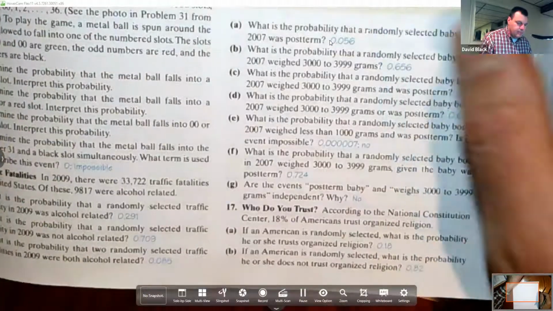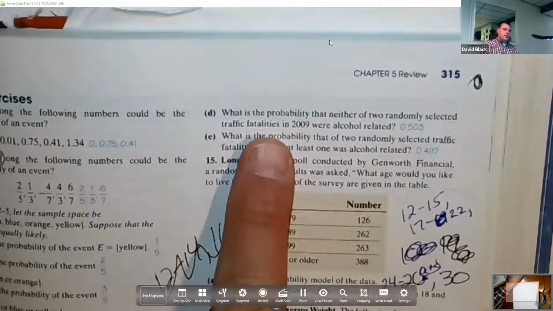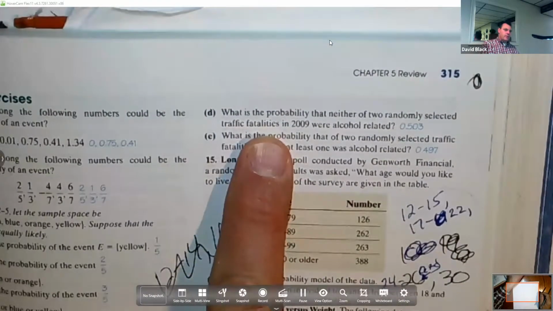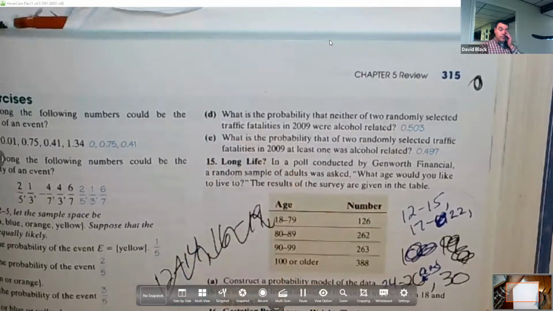And I want to look at part D on 14. So that's this question right here, but it's tied to the problem at the bottom of the previous column. So go ahead and read number 14 to yourself.